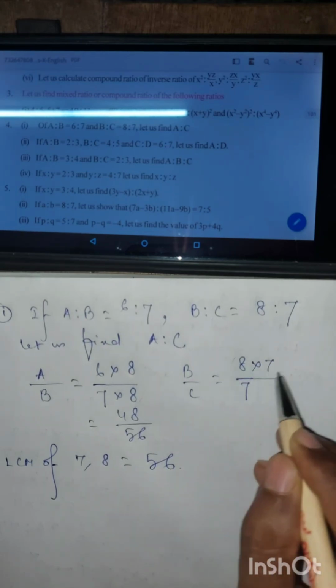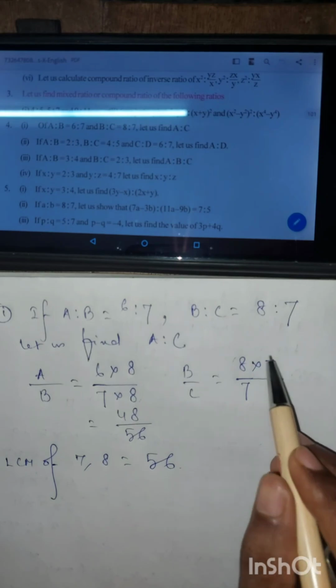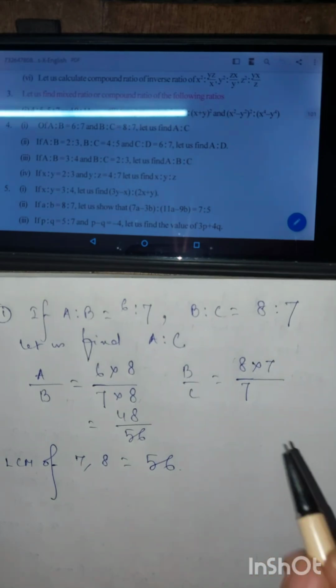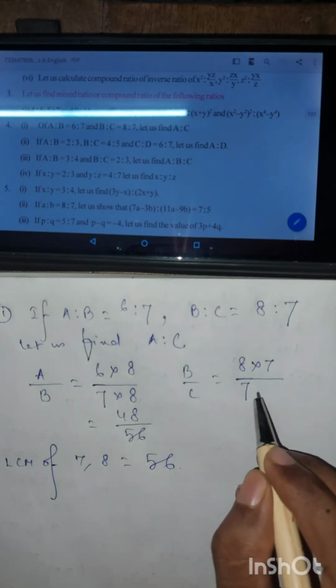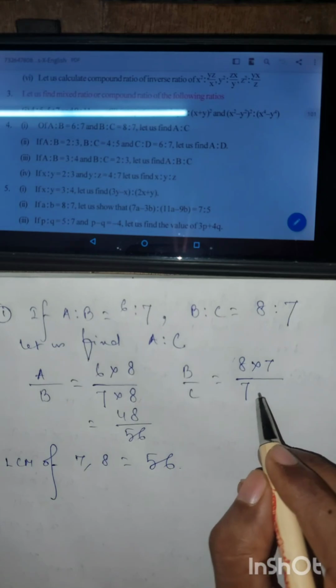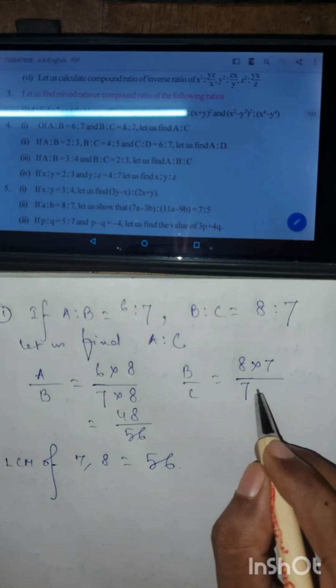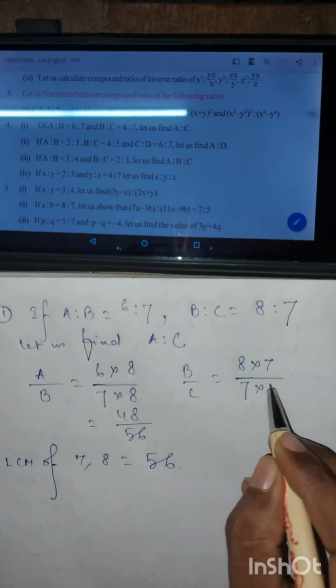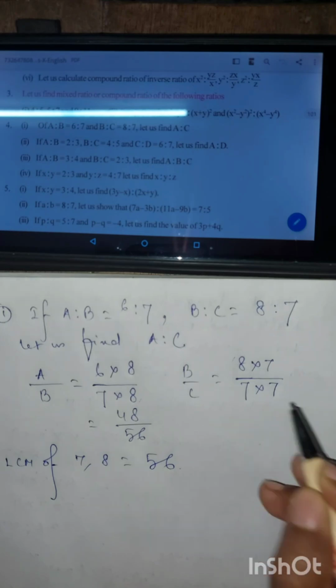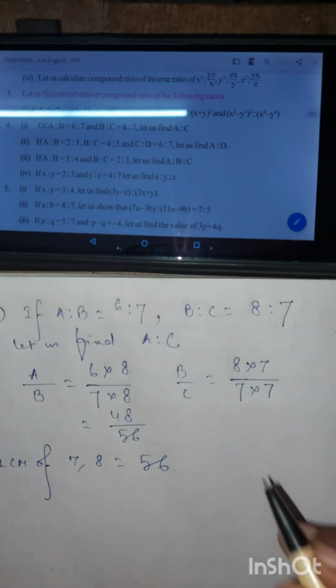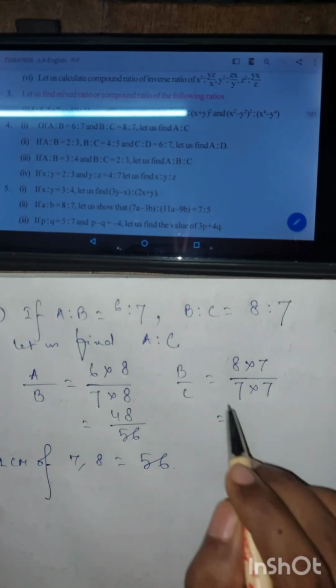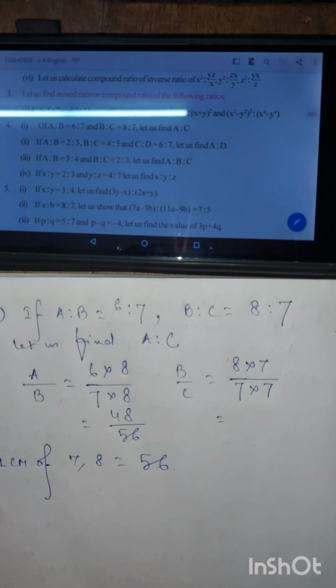Now B becomes 56, but the ratio cannot be changed. So we need to balance it by multiplying the denominator also by 7. So the ratio remains unchanged.